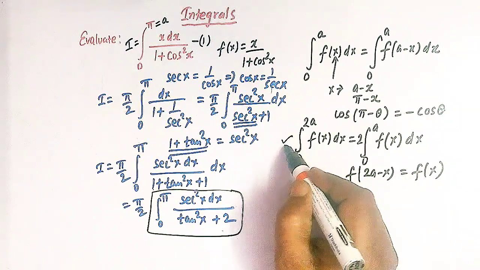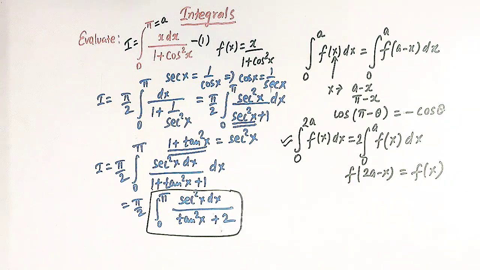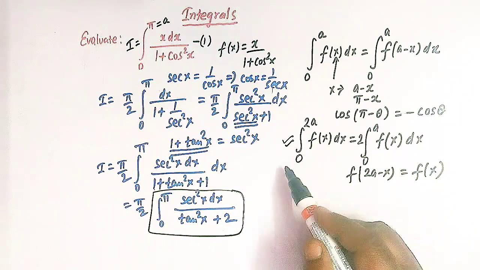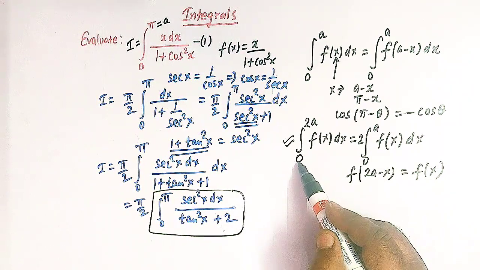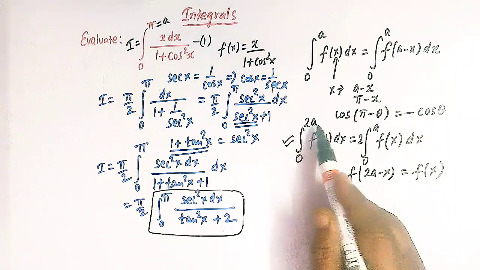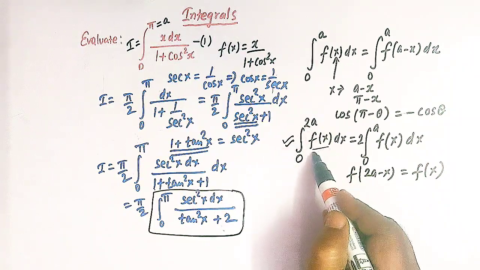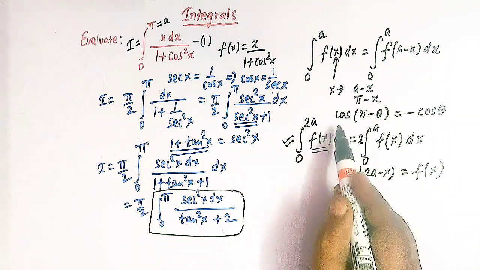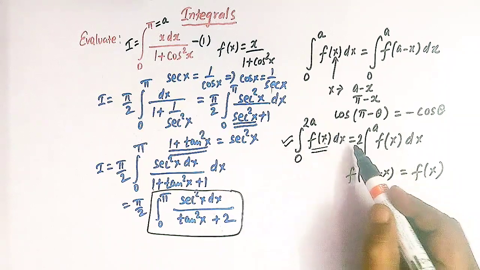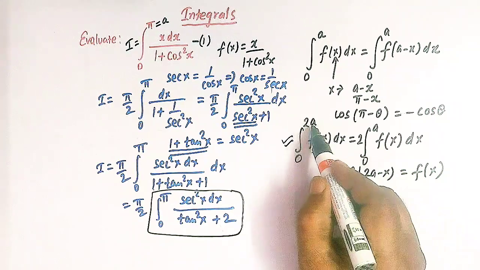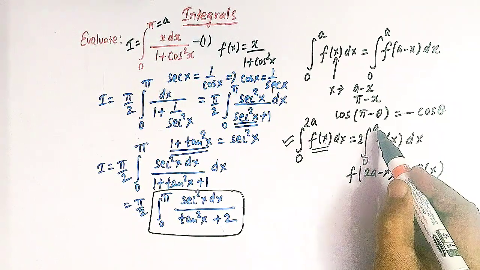So this property is also an important property of definite integrals, which says that if we have 0 to 2a, so the upper limit is 2 times a, and here we have the function f of x, then this integral is equal to 2 times the integral from 0 to a.